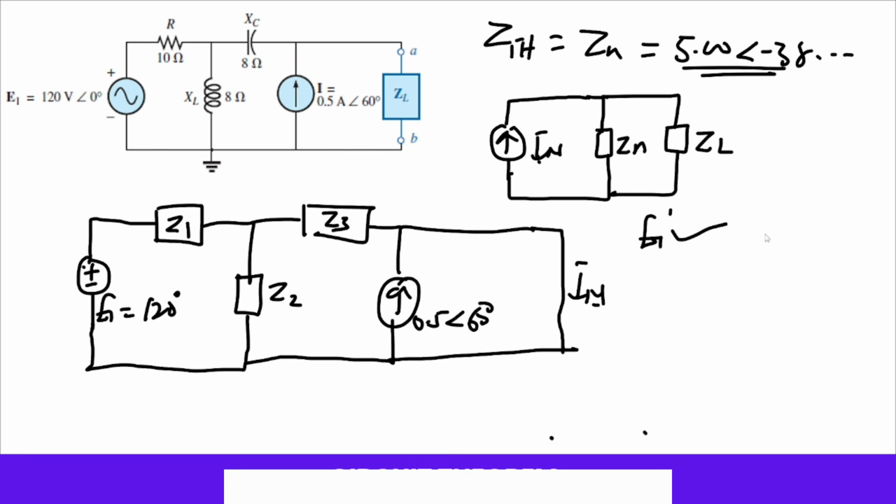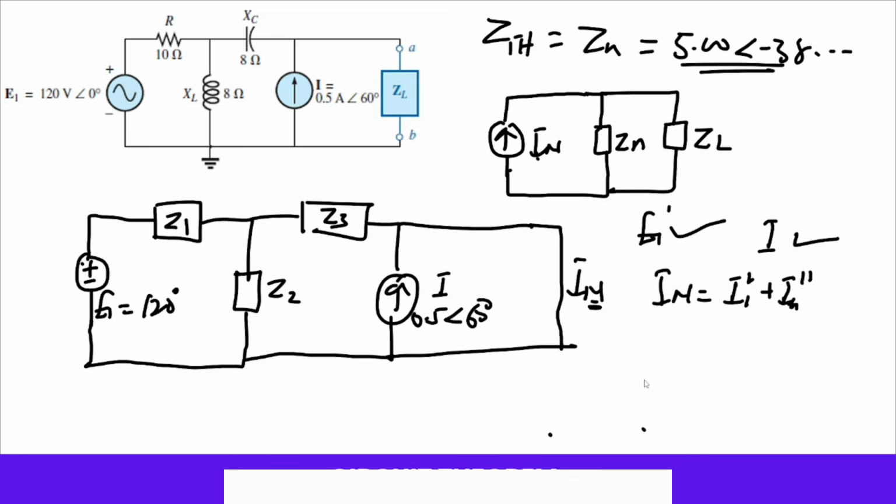And then if I in the circuit acts alone, what will be the corresponding current at IN? That is what we are going to do. So we can see that IN is equal to I prime produced by the current, plus I prime produced by the voltage E1. That is what we are going to do in this case.